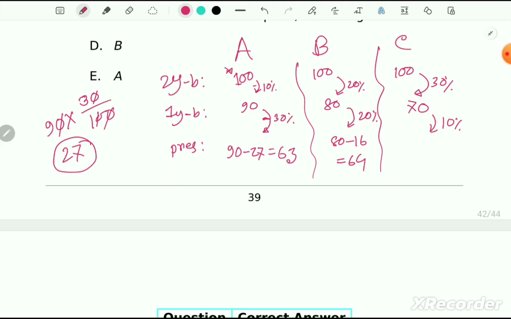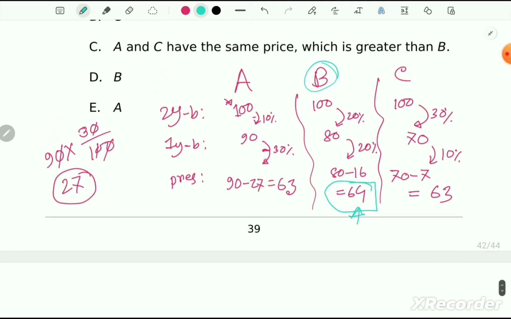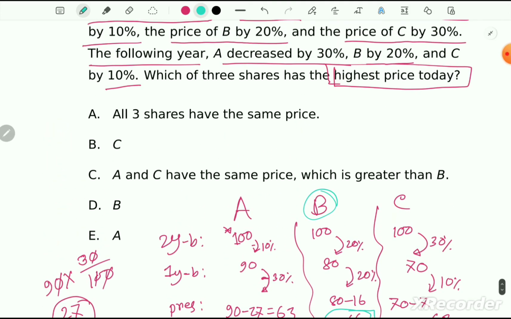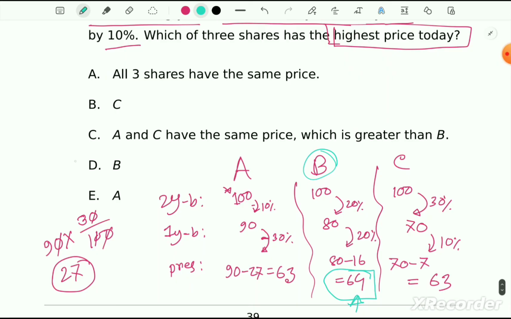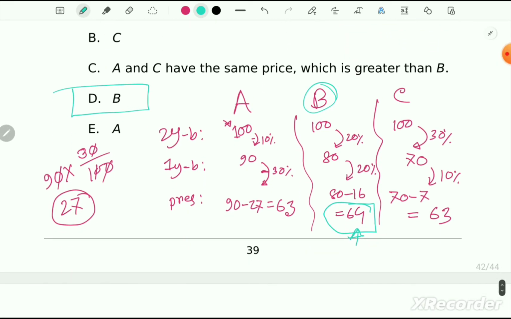So 10% of 70 is 7, so we can just simply subtract it. It remains 63. So what we can see here, the highest value today is 64 for B. The company B has the highest share price. Our option is B, the answer is B.